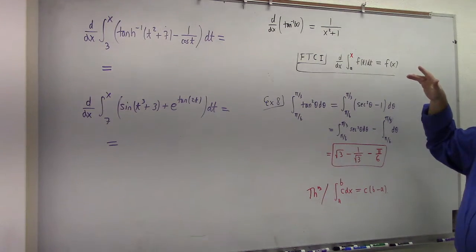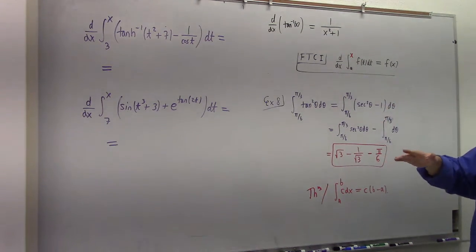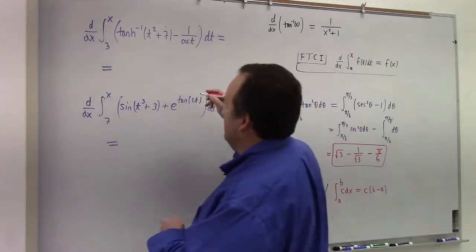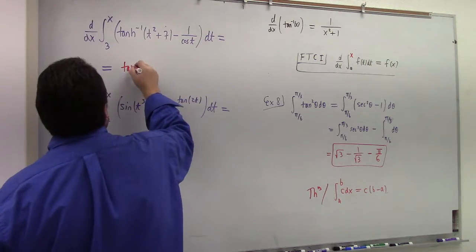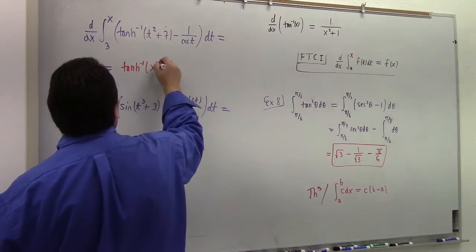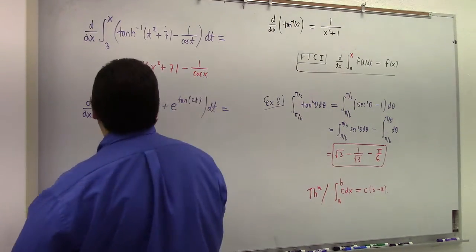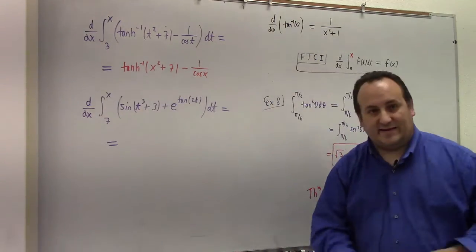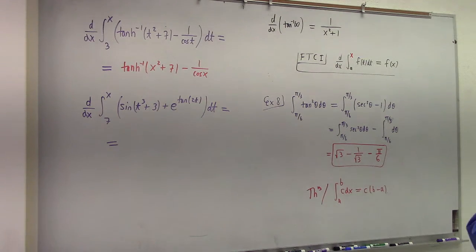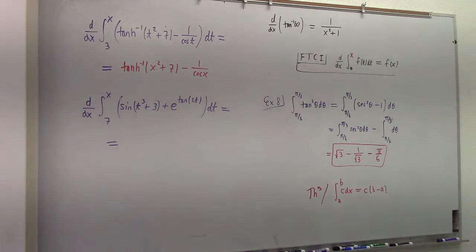That's it. Don't make it more complicated. So this is inverse hyperbolic tangent of x squared plus 7 minus 1 over the cosine of x. I did not differentiate. I did not integrate. I just plugged x in the place of t.